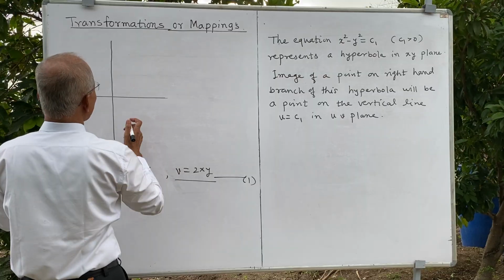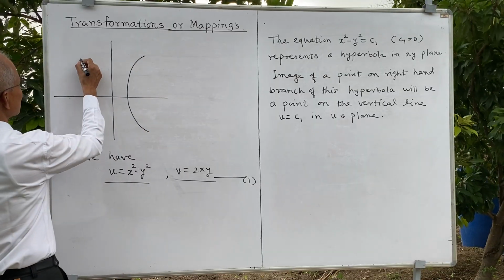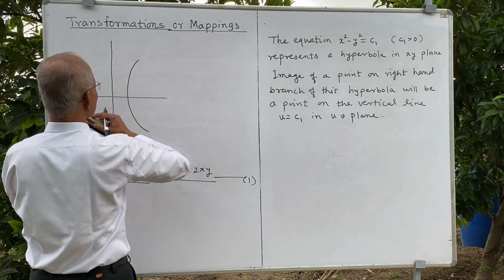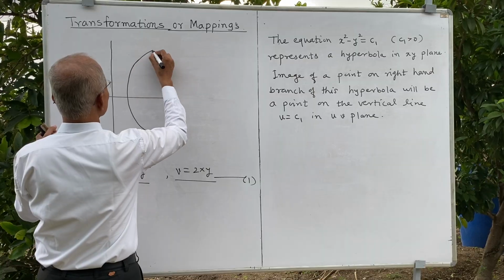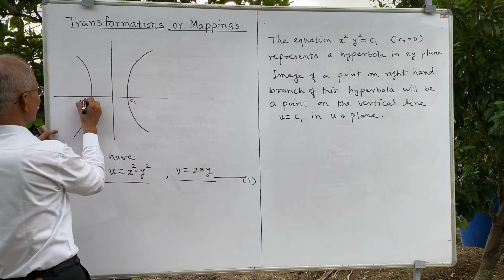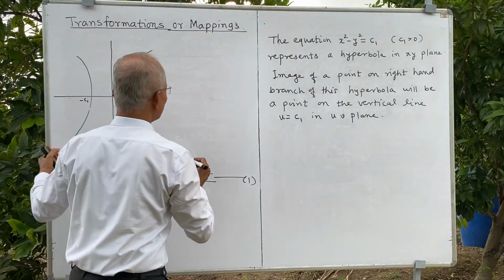See, this is the hyperbola x square minus y square is equal to c1. c1 we have assumed as greater than 0. This is the point c1, and here it will be minus c1. Two branches will be there of this hyperbola, and it will be mapped.